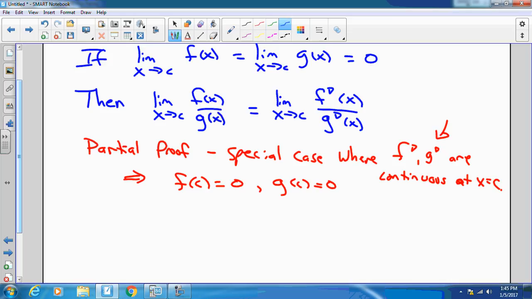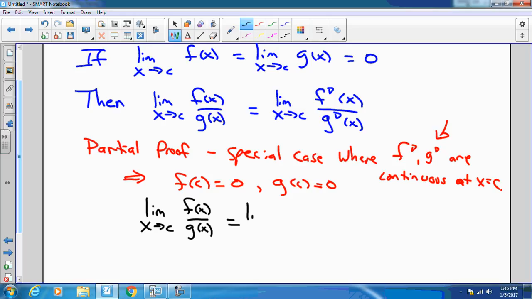Now, since that is the case, and since f prime and g prime are continuous at c, so that f prime of c exists and g prime of c exists, therefore, I can estimate f and g for x close to c with their tangent lines. So if I consider the limit as x goes to c of f of x over g of x, the limit as x goes to c is most certainly considering x's that are close to c.